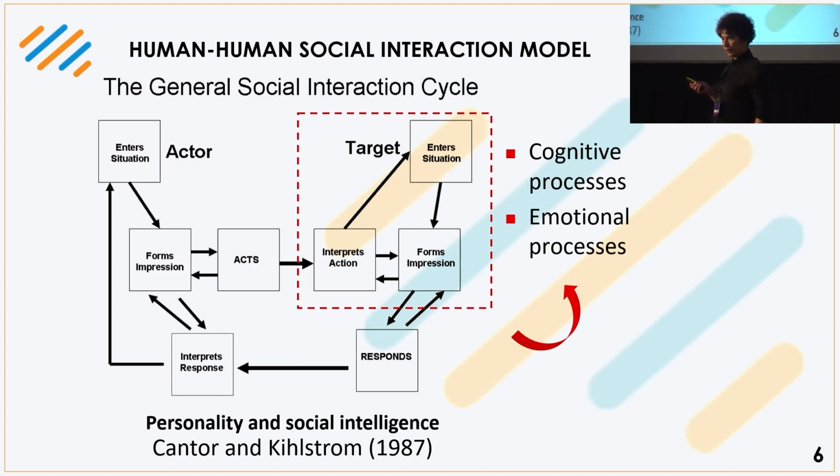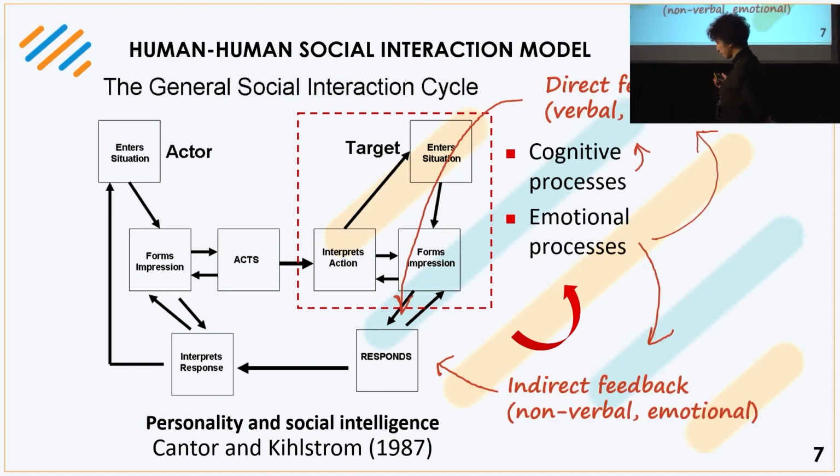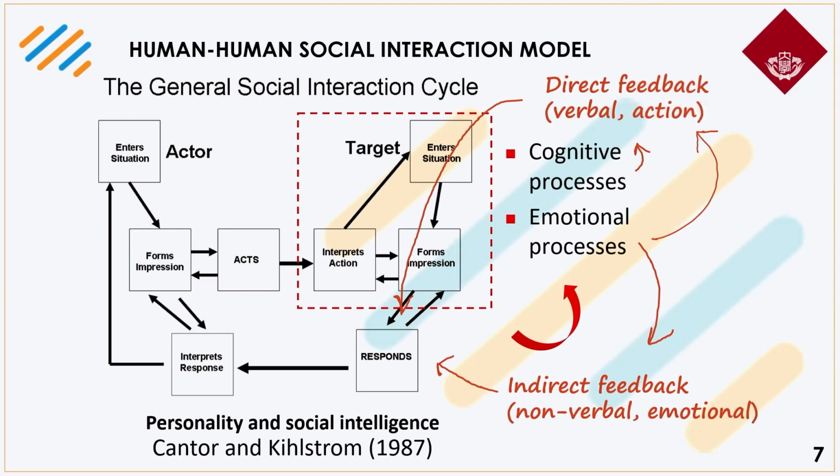always explainable. And the biggest problem and nightmare for engineers mostly is that those processes are not running in parallel, but they affect each other. So the final result of this is that we will have a direct feedback, kind of a conscious feedback, that will be affected by both cognitive processes and also emotional processes, and also the other way around.